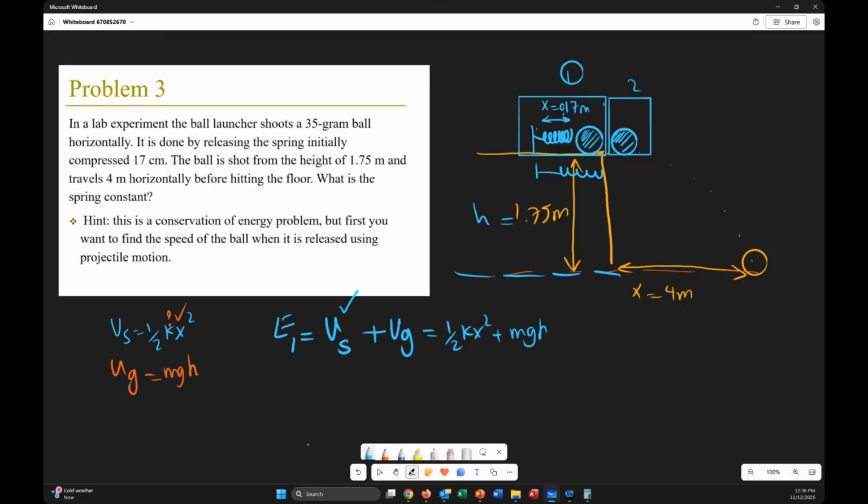At situation number two, what kind of energy do we have? Kinetic, and again, is it still above the ground? Yes. UG plus kinetic energy. Good. Because this is the situation when it is released from the spring.